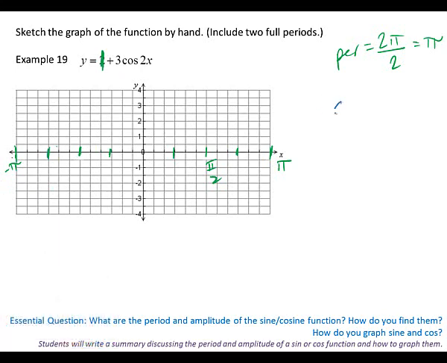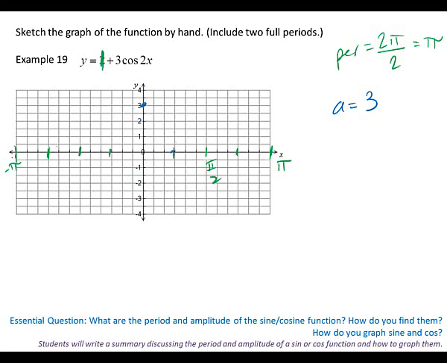All right, what's your amplitude this time? 3, right? Because the absolute value of 3 is 3. All right, so does cosine start up or does it start down? Or does it start at 0 or at 1? 1, but really it starts at 3 because of the amplitude. Okay. From there, does cosine go up first or down first?